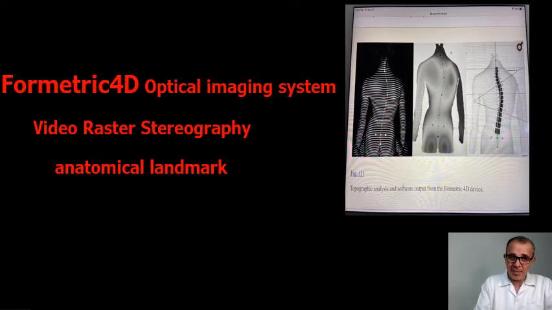By doing the optical imaging using these landmarks on the external body with computer software, we could build an image of how the body is postured, how the body is tilted. It gives us a lot of information on the vertebral column situation too, in relation to the anatomical landmarks.